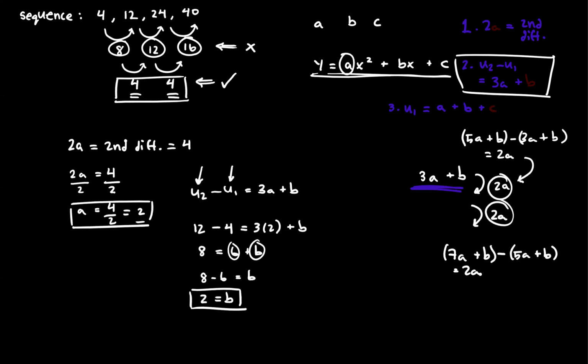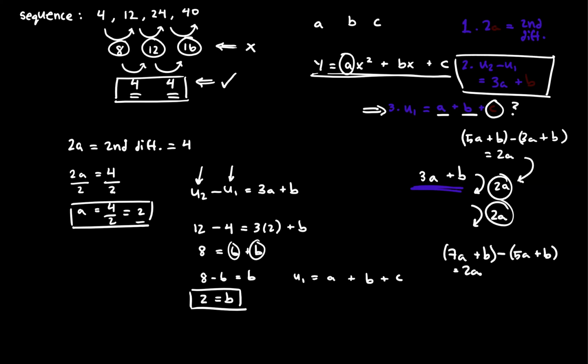So now we have the value for b and we have the value for a. So all that's left is c, and we can use equation 3 now since we only have one unknown. So equation 3 says that the first term needs to be equal to a plus b plus c. And we want to solve for c since we already know a and b and the value of the first term.